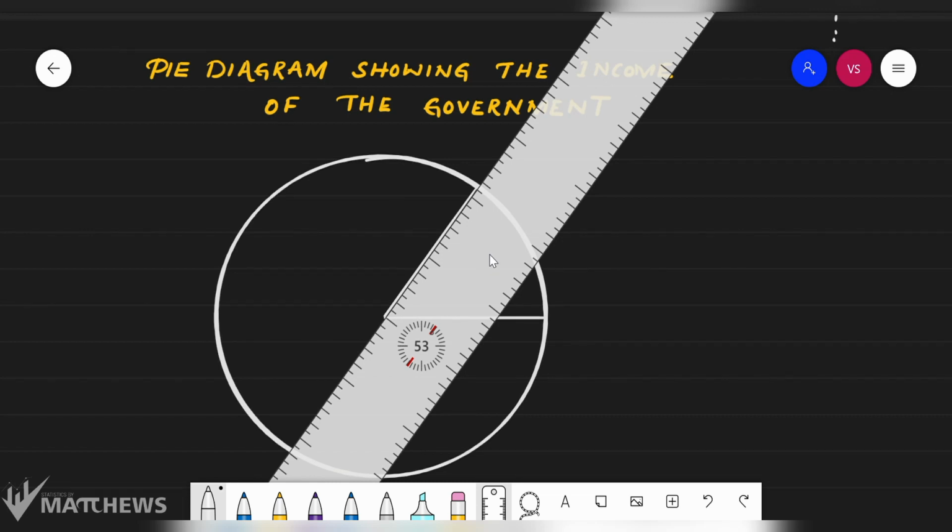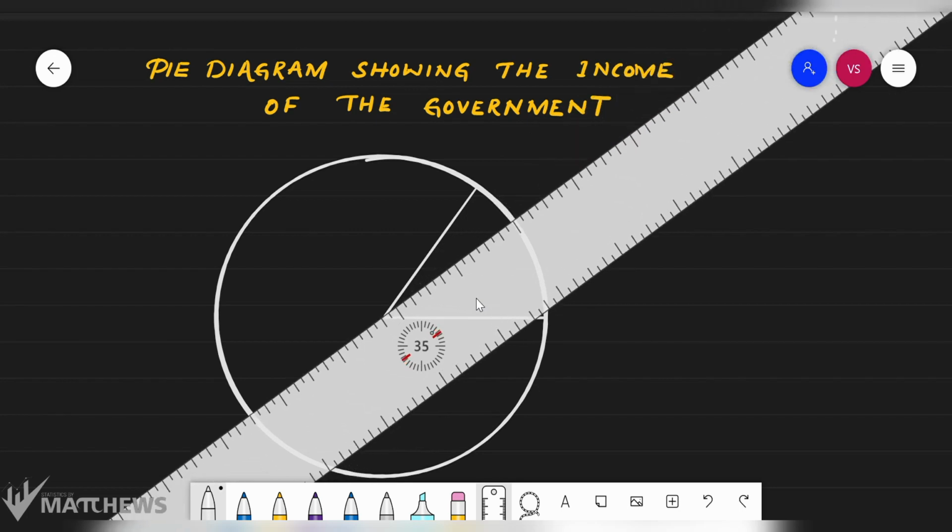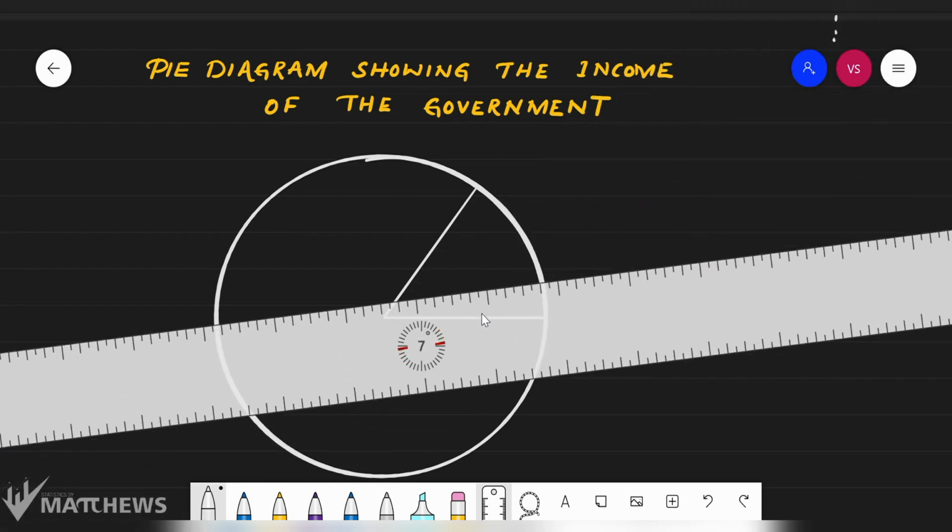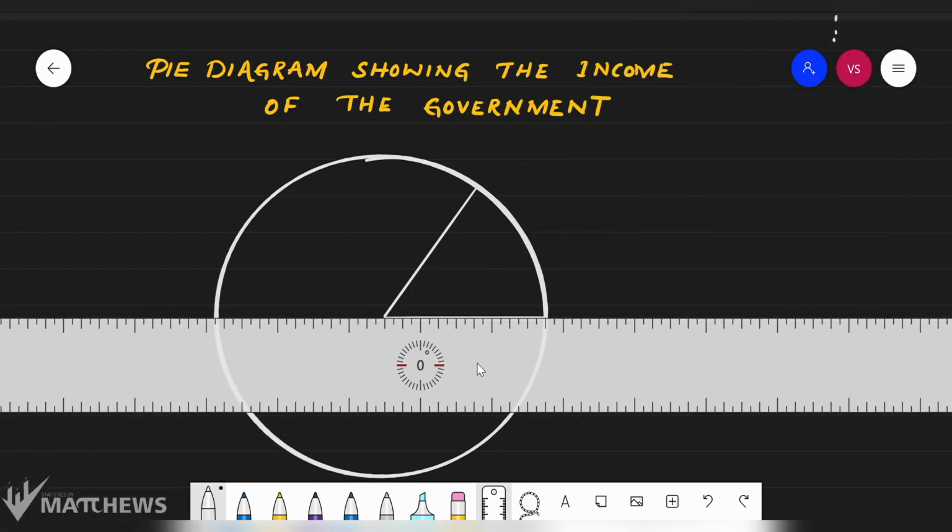From this base, 127. So 127 plus 53 means it goes up to 180. Is it right? So 180, that means this will be 0 as it is.